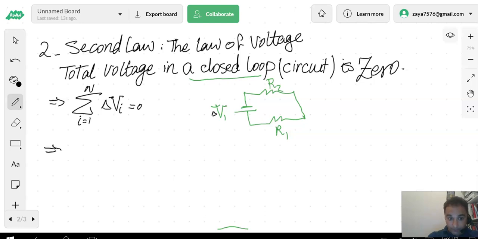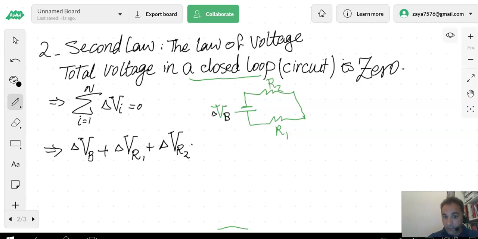So this picture tells me that total voltage across battery, so B means battery, okay, plus total voltage across what? Resistor 1, plus total voltage across what? Resistor 2 is equal with 0.